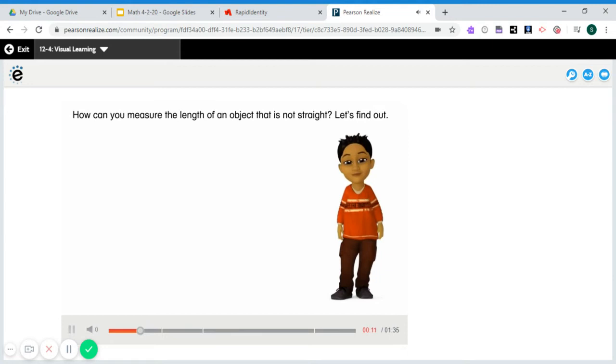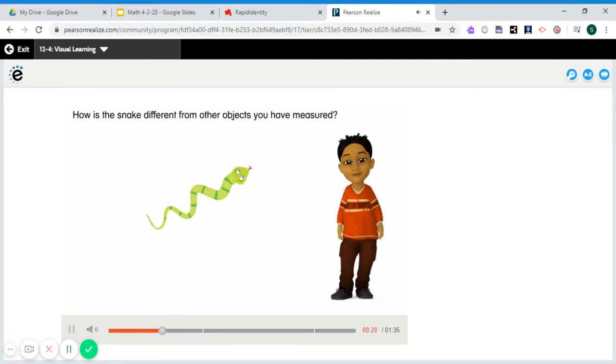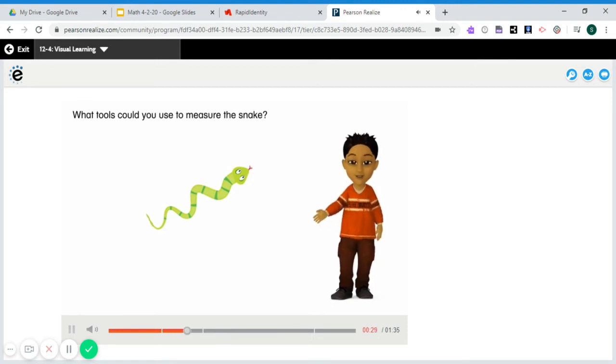Can you measure the length of an object that is not straight? Let's find out. How is the snake different from other objects you have measured? The snake is not straight. What tools could you use to measure the snake?